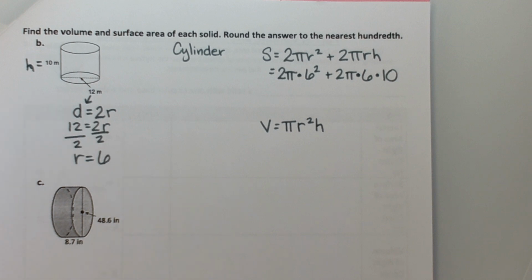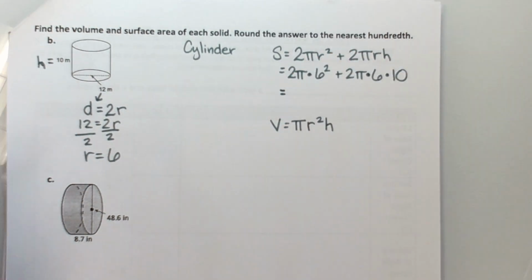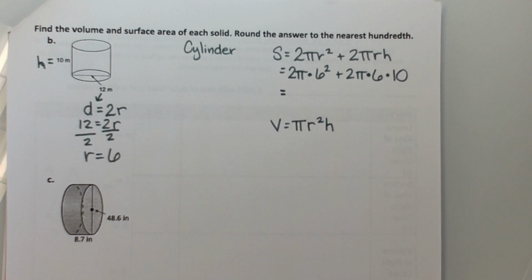Nate, what do you get? You're gonna have to start typing it into a calculator. There's no way you're doing it in your head with pi involved. What's the radius?